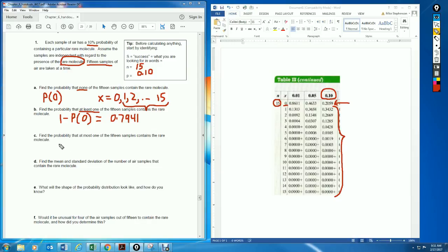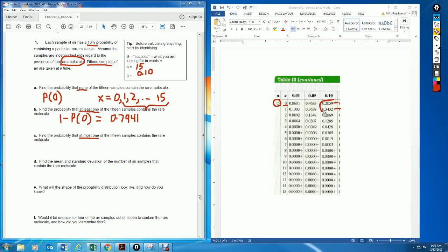All right, part C, the probability of at most 1. And again, so much of this is just interpreting the words correctly. In this case, at most 1 would mean it could be 1, but it also could be 0.